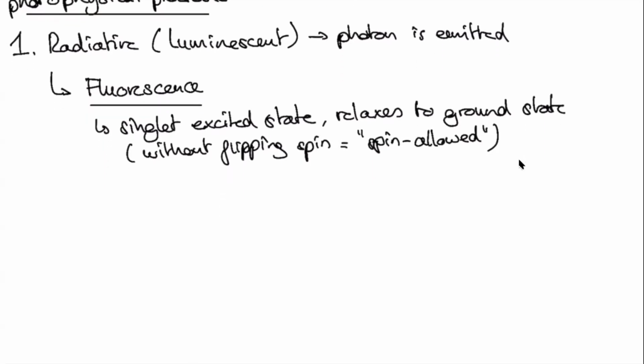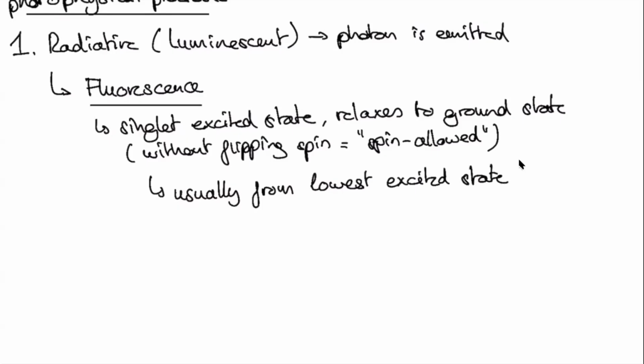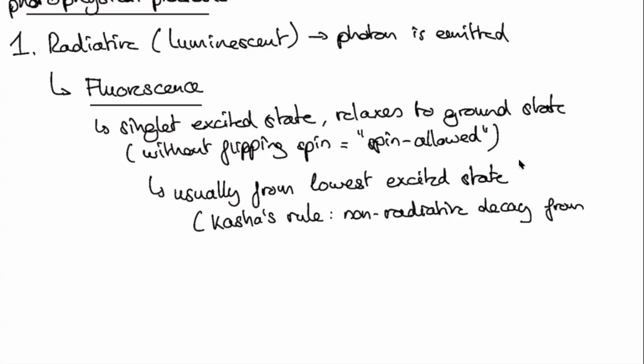This is usually from the lowest excited state. And then there's this rule, which is called Kasha's rule, that you have non-radiative or decay processes from higher states.